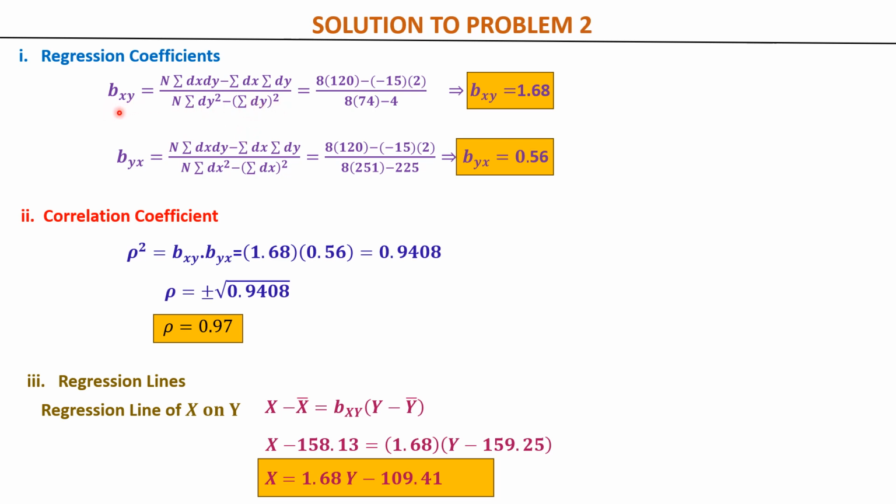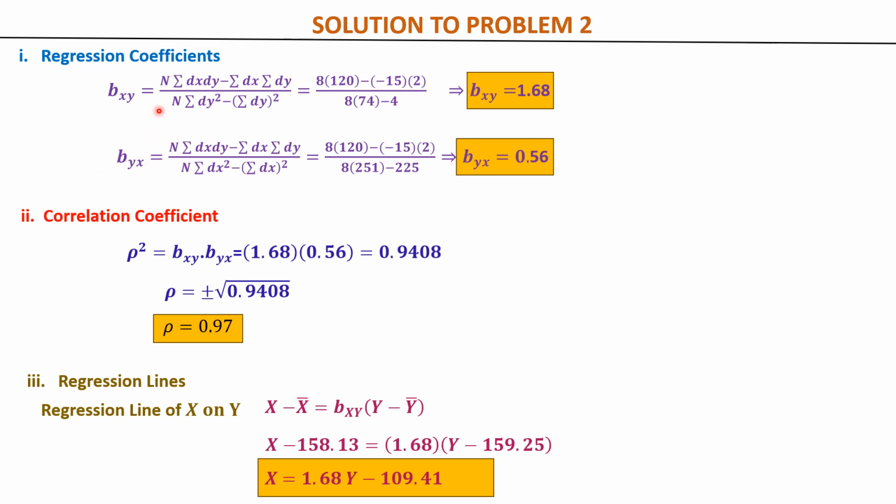Since I am calculating bxy, the denominator will simply be N sigma dy square minus sigma dy the whole square. So it's even simpler. All the values are obtained from the table and I calculate bxy to be 1.68.